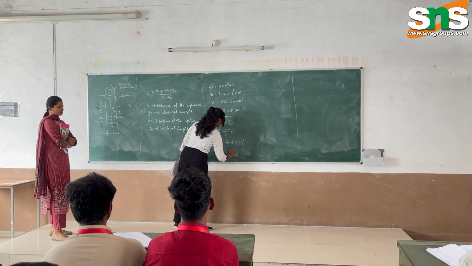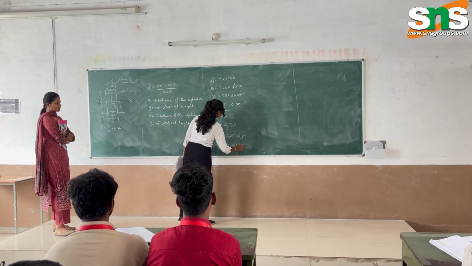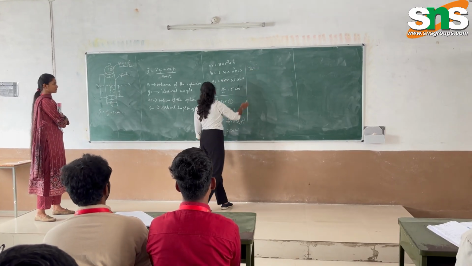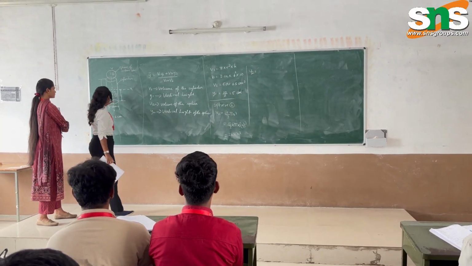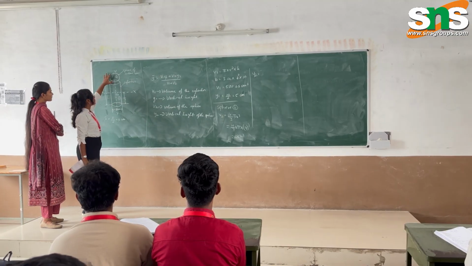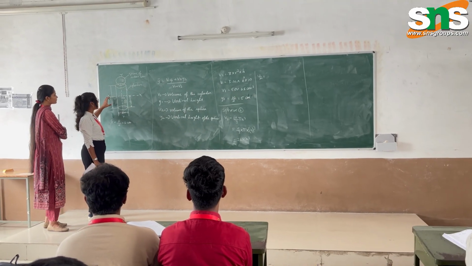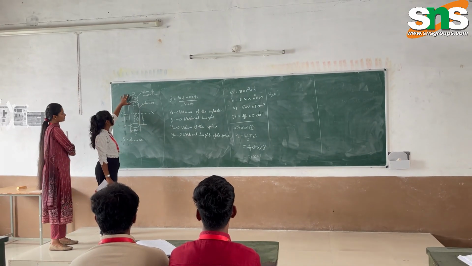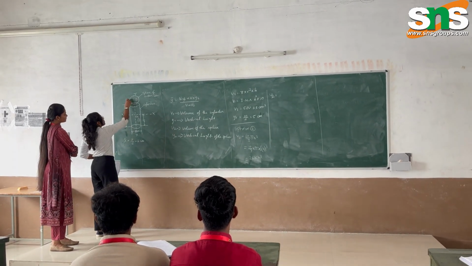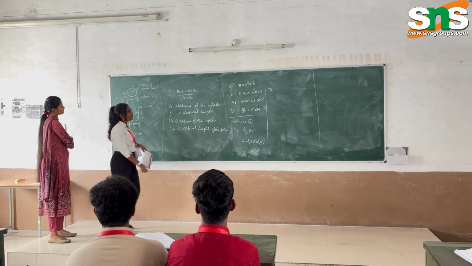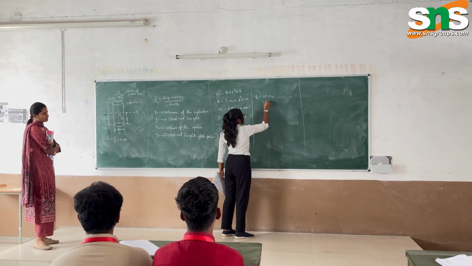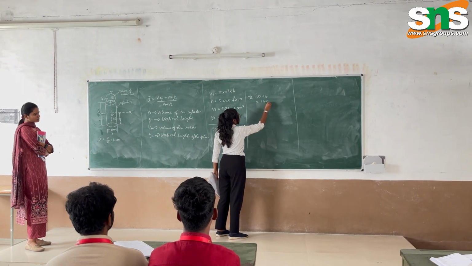It is nothing but 268 centimeter cubed. Next, y2. When you see the diagram, the sphere is on top. Here we have 10 centimeters of gap and here it is 4, so 10 plus 4 is equal to 14 centimeters.